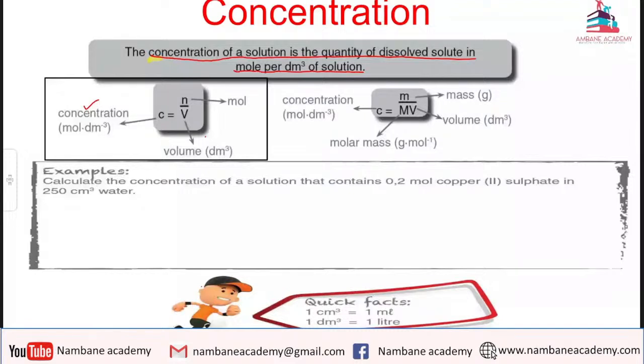Once I can calculate the number of moles, it will be easy for me to perform calculations relating to any of the chemical quantities. C is equal to n over V, and the emphasis is our volume must be in decimeter cubed.